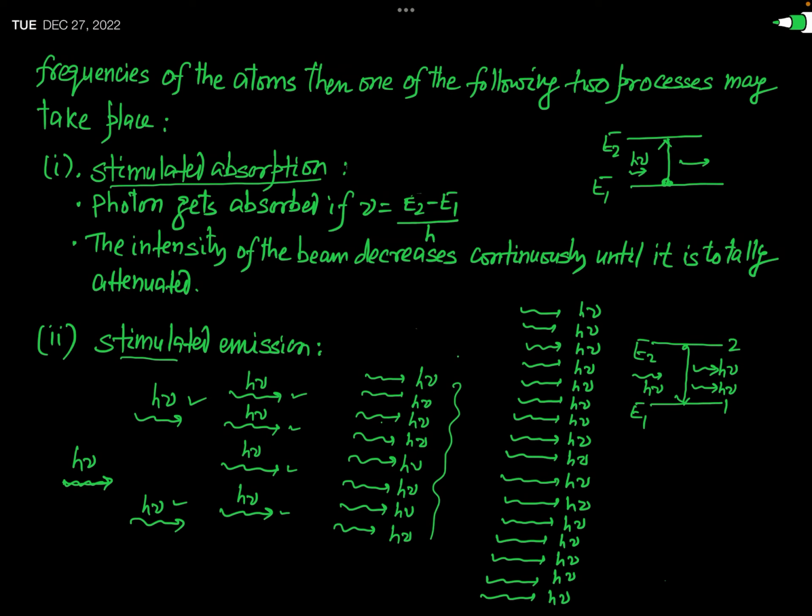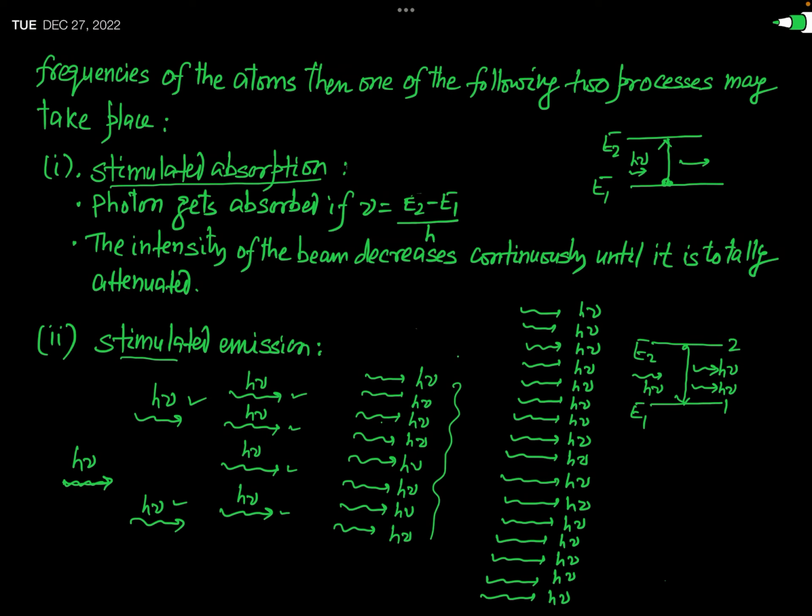Only then will we get the most intense beam or highly amplified beam. So this is the necessary condition for getting the highly amplified light beam or the laser light, and for that stimulated emission should dominate over the stimulated absorption.